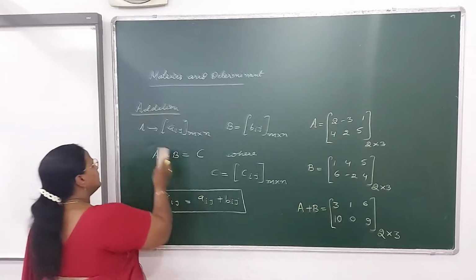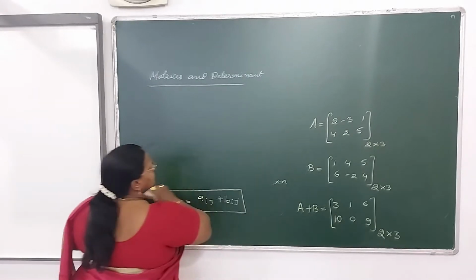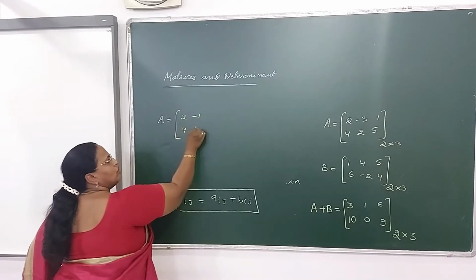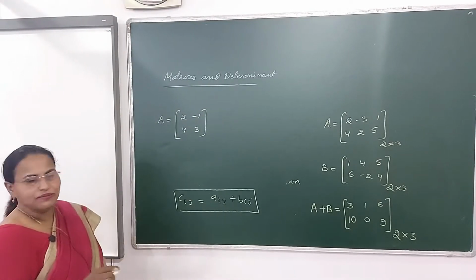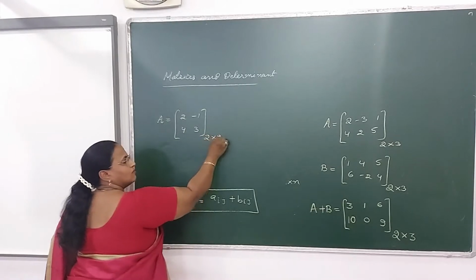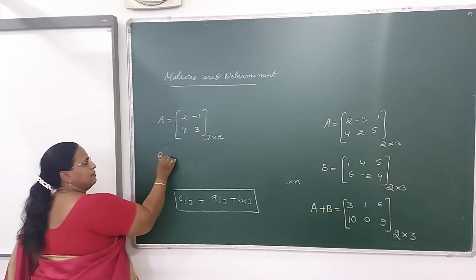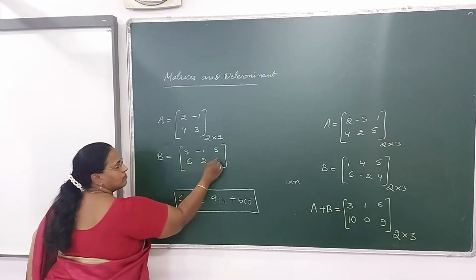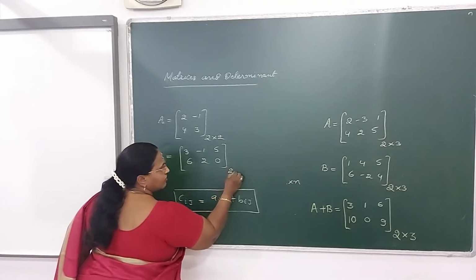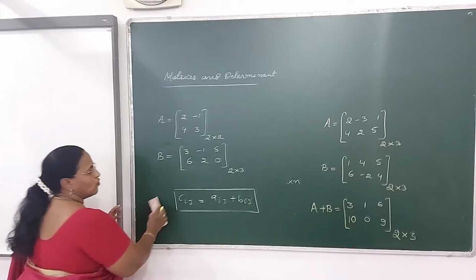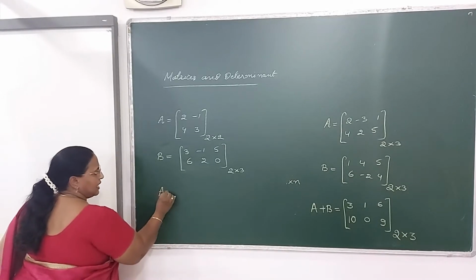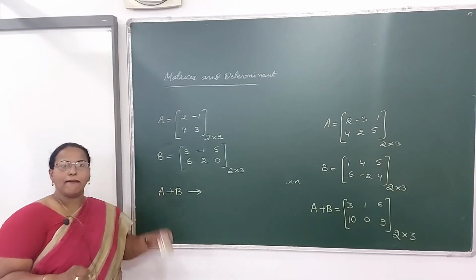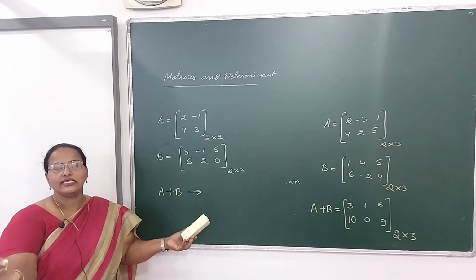Okay, one more example, let us see. Let A be a matrix 2, minus 1, 4, 3. 2 rows and 2 columns. So, the order is 2 by 2. Another matrix B, 3, minus 1, 5, 6, 2, 0. What about this matrix? The order is 2 by 3. Now if I ask you what is A plus B, then immediately you should answer that the matrices are not comparable, so addition does not exist.